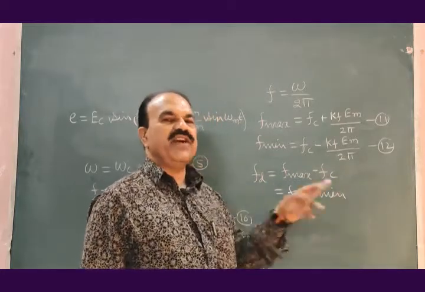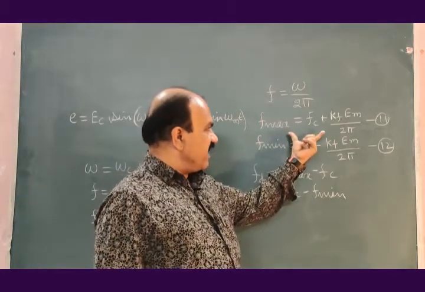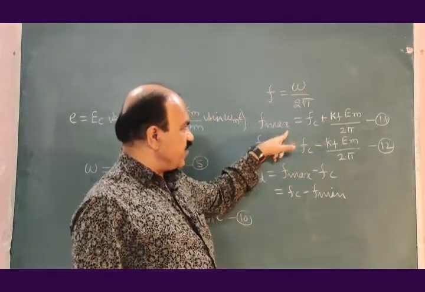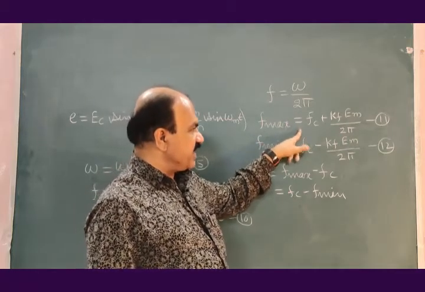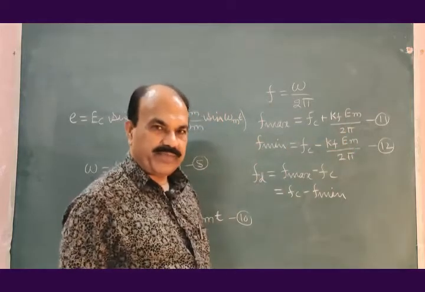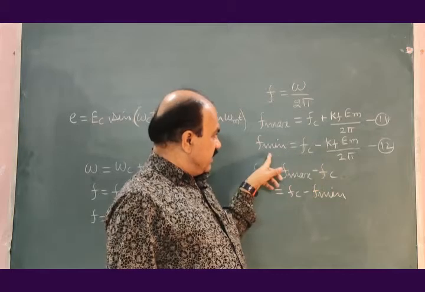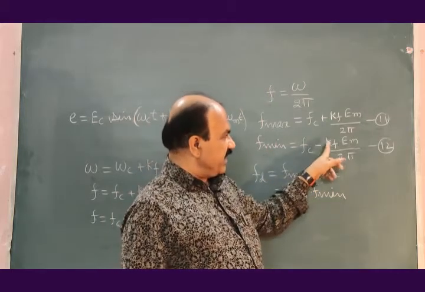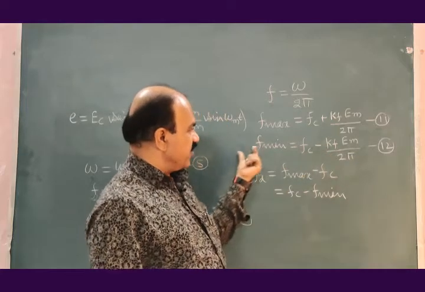If we go to equation 11 and this Fc is taken to this side, we will get F max minus Fc is equal to Kf Em divided by 2 pi. In equation 12, this F minimum can be taken to this side and this Kf Em by 2 pi is taken to this side.